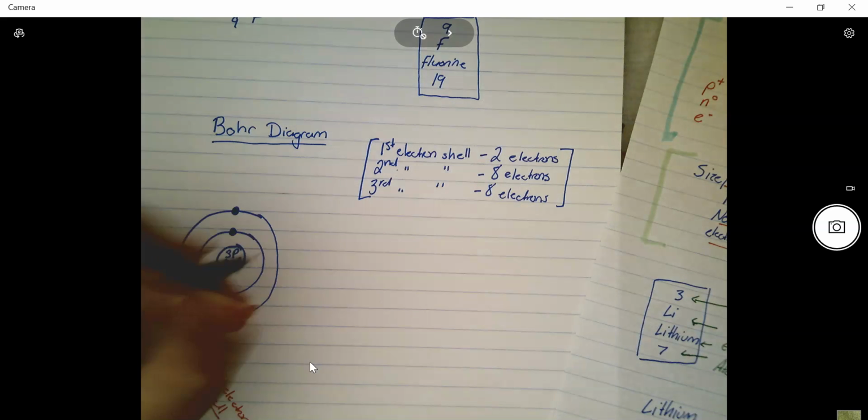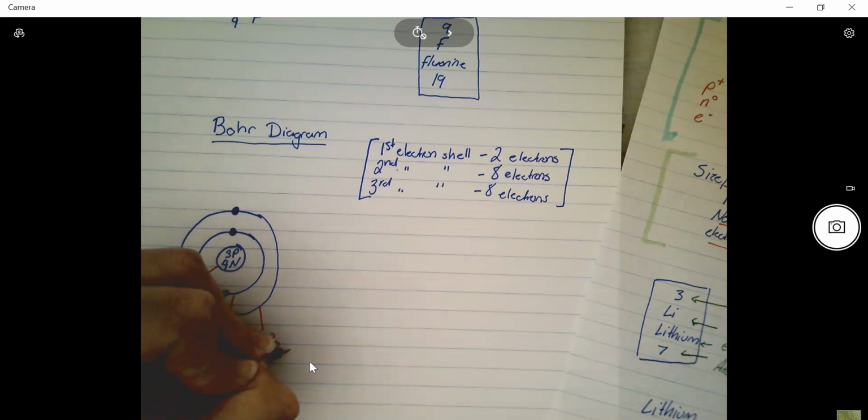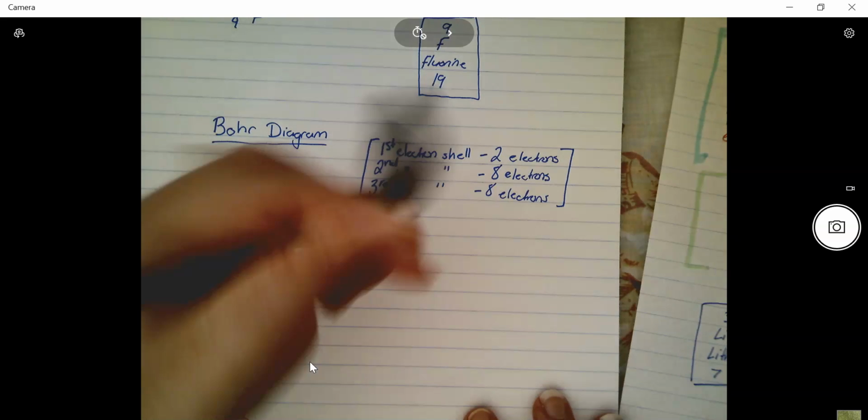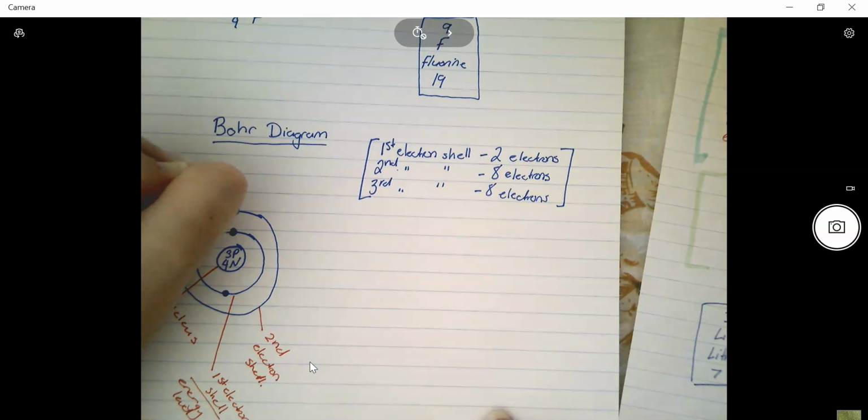So I'm going to write on here that this is my second electron shell. Okay, so what I'm going to do now is quickly look at the Bohr diagram. So this was for lithium.